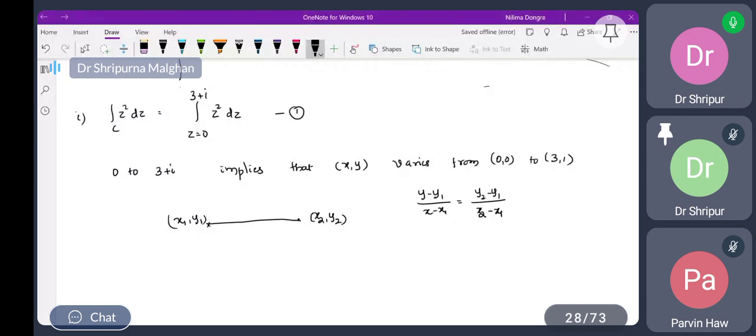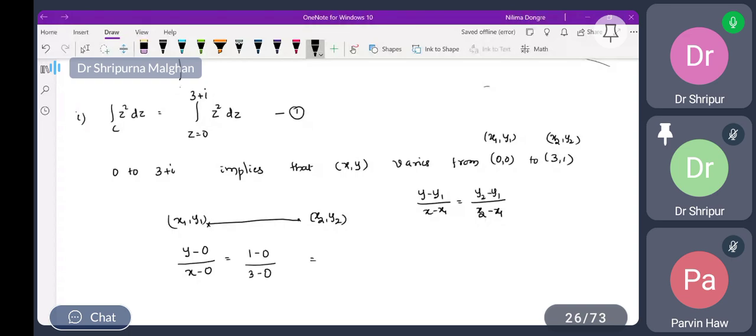The equation of the line joining 0 comma 0 and 3 comma 1 is given by: with x1 y1 and x2 y2, we substitute all those things. y minus y1, which is 0, divided by x minus x1, 0, is equal to y2 minus y1, 1 minus 0, divided by x2 minus x1, 3 minus 0.